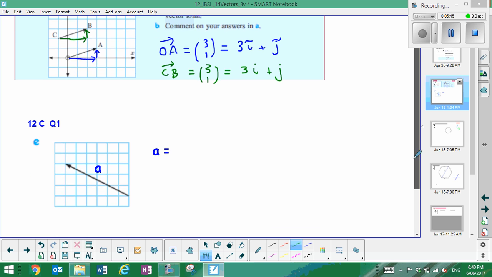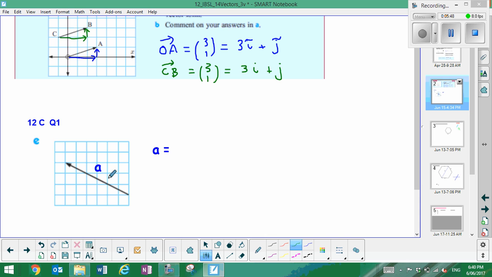This one down here we've got another vector, our vector a, that's in bold, telling us it's a vector. What are our components here? So here we go across this direction. Our components x and y obviously are at right angles. We're going 1, 2, 3, 4, 5, 6 units to the left, and then 1, 2, 3 units up in the y direction.